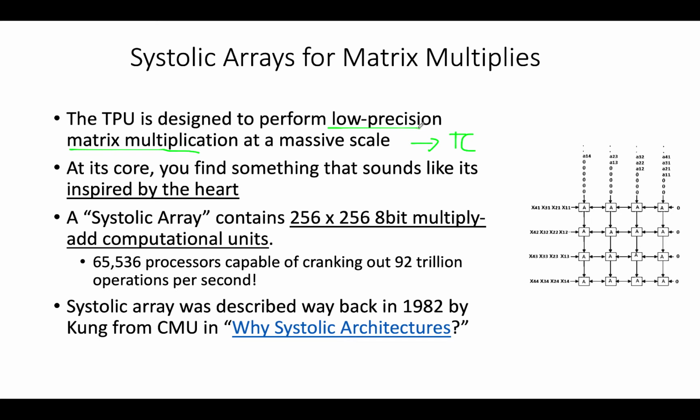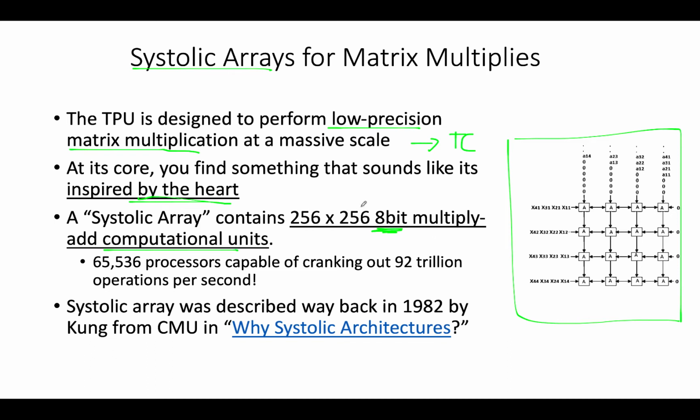At its core, they use a technology called systolic arrays, where the name systolic is inspired by the heart instead of the brain. A systolic array, represented here on the right part of the picture, contains 256 by 256 8-bit, so very low precision, multiply add computational units.